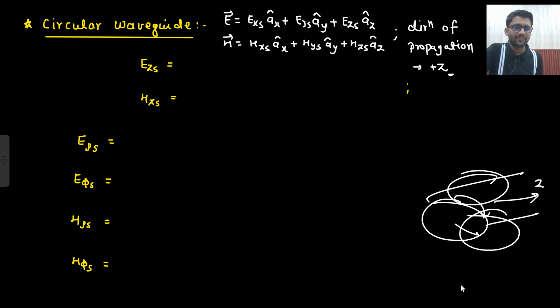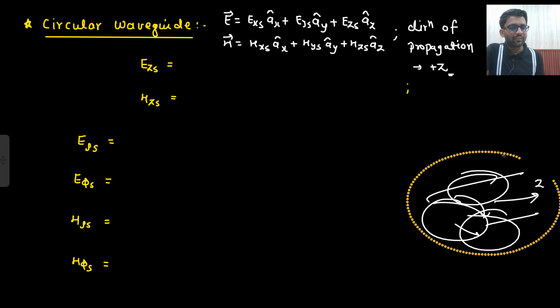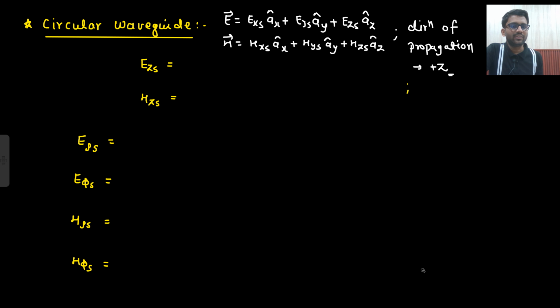All these can exist. Based on that, we apply vector Helmholtz equations, and then we get the equations of EZS and HZS. When we were studying our rectangular waveguide, I told you the derivation is needless; the boundary condition is what will be used, so that we are going to apply.